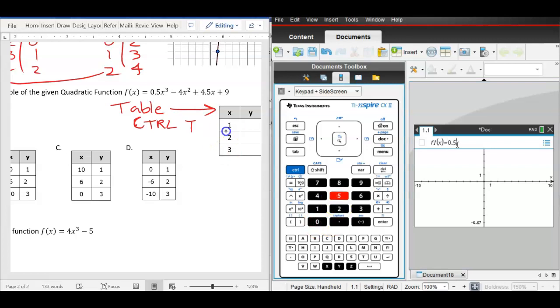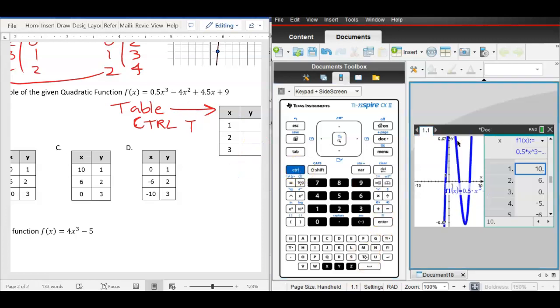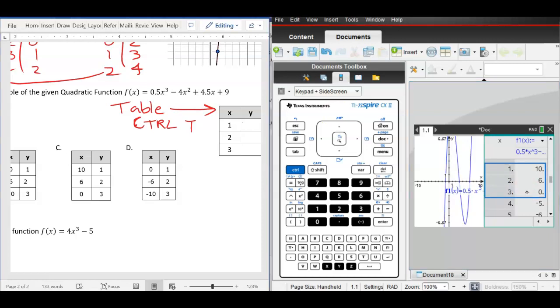So 0.5 x caret 3, go to the right, minus 4x squared plus 4.5x plus 9. Make sure you hit graph. You can see it, but you want to hit Control T to get a table. And you can see you have some points right here. So let's put these first 3 points, 1, 10, 2, 6, and then 3, 0.